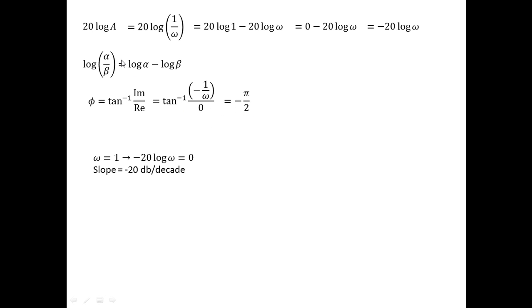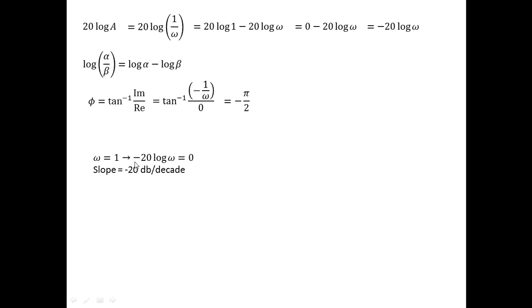I need to plot this function in the logarithmic magnitude plot, and this angle in the phase plot. Here I know that the amplitude is equal to minus 20 log omega. If I put omega equal to 1, I have minus 20 log omega equal to 0, which means at omega equal to 1, the amplitude is 0.